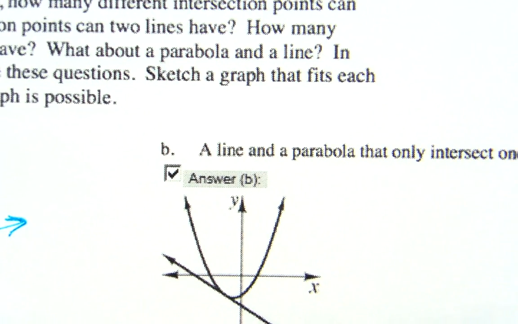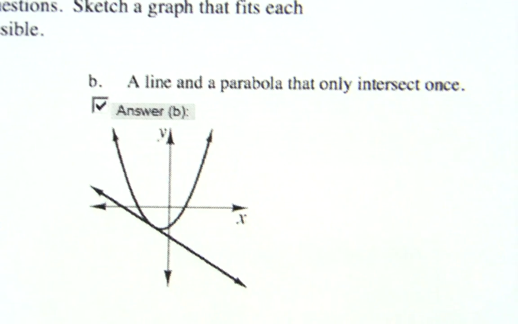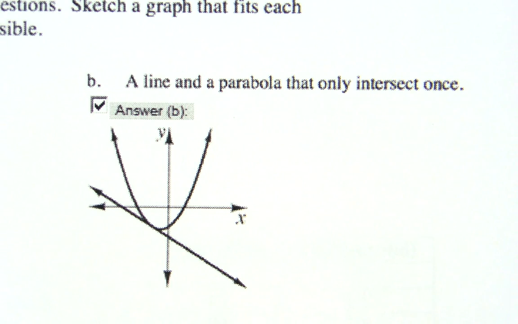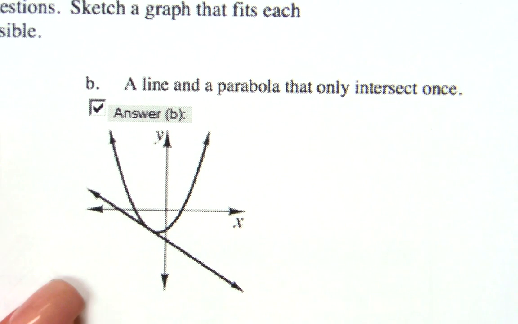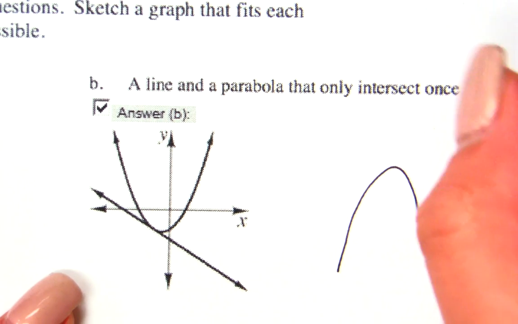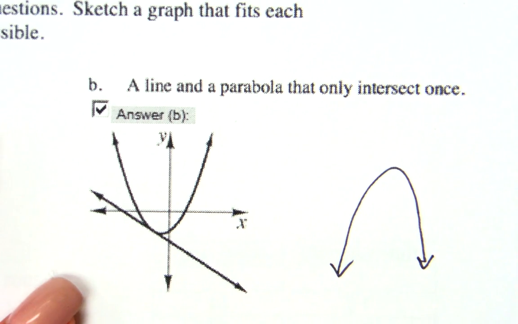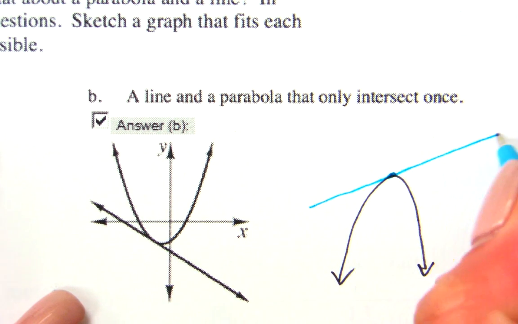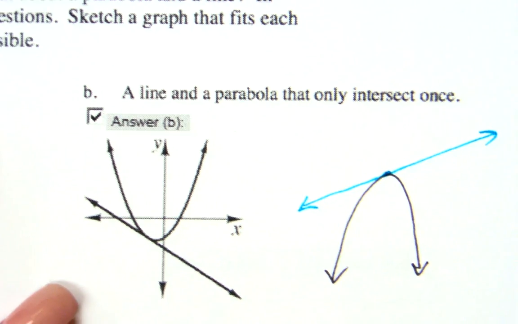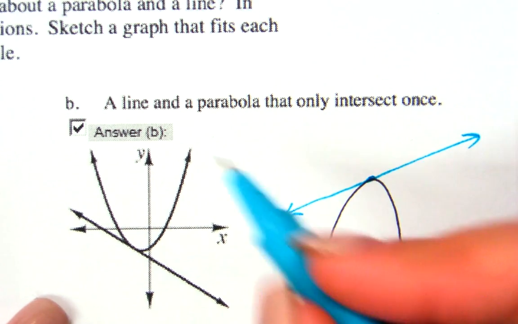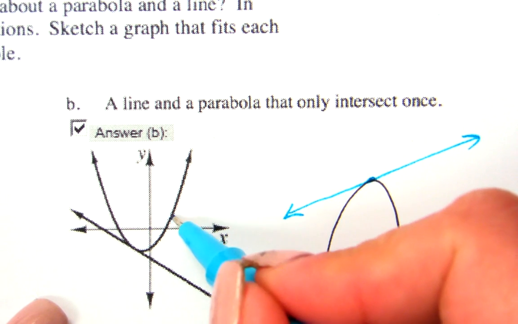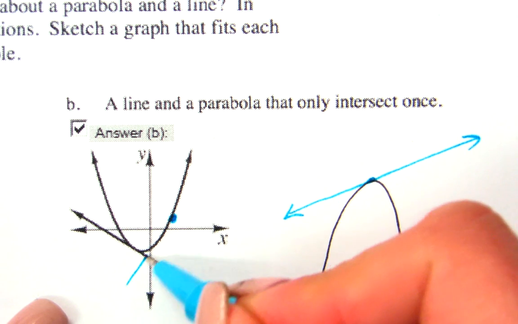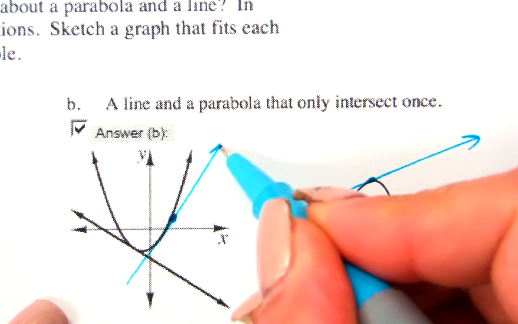Part B, a line and a parabola that only intersect once. So this is actually a fairly easy sketch. Obviously, there's more than one version. You can do a parabola that's facing down with a line that's touching the parabola over here, or your line could be touching the parabola like at this point right here, which means that it's kind of going this way.